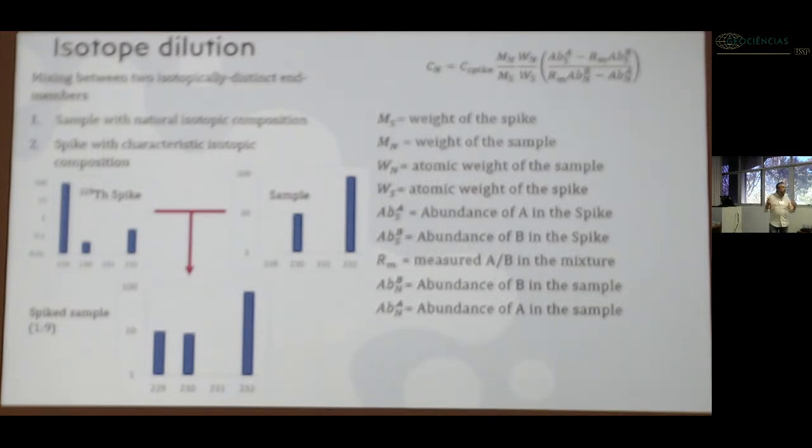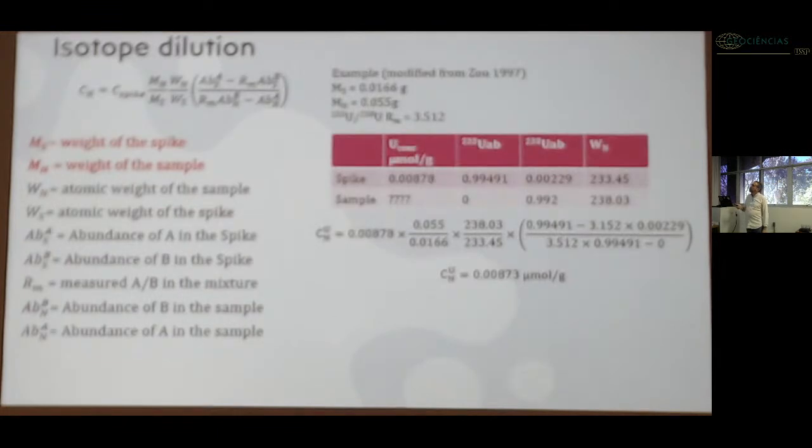These are different because uranium-233 has a different atomic weight than natural uranium. Then the abundances of the isotopes, the ratio that we are measuring, and the abundances of each isotope in the sample.